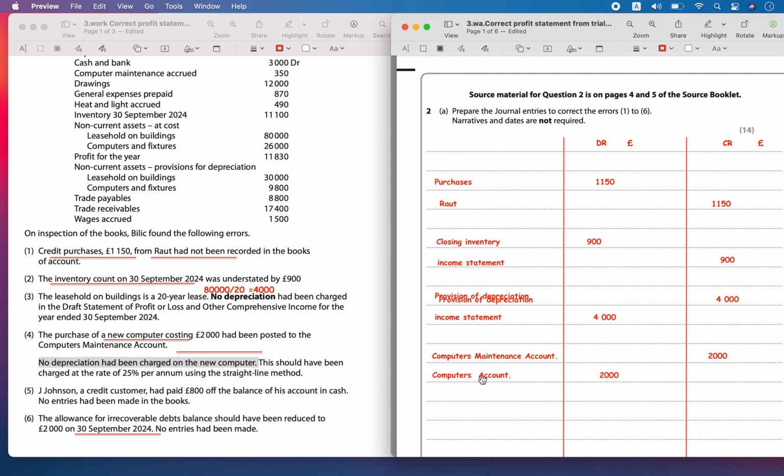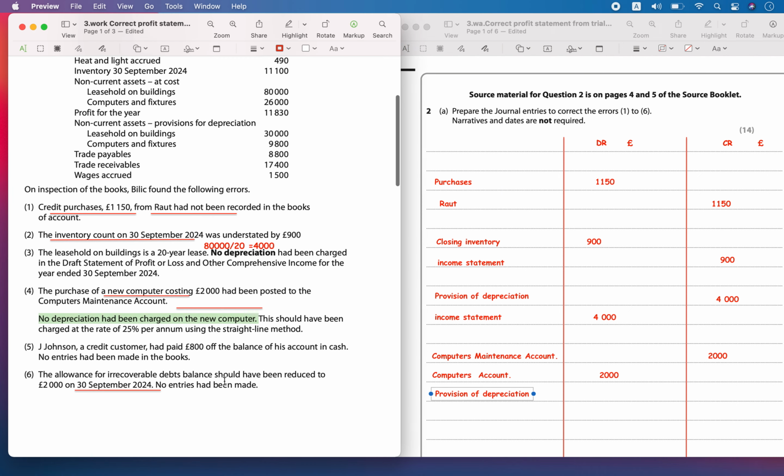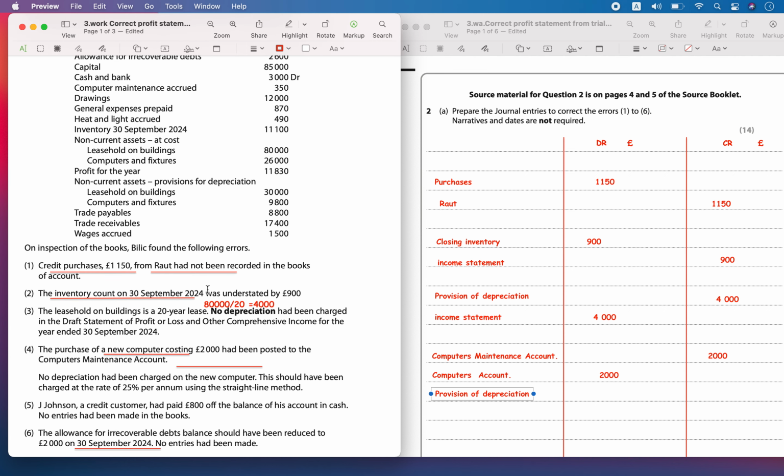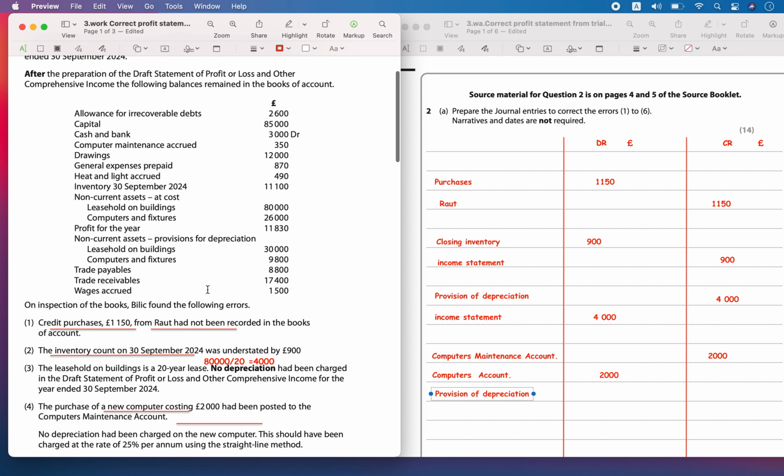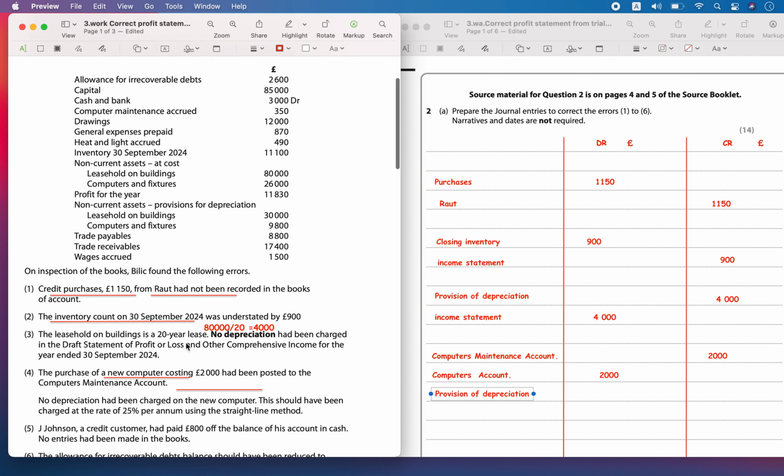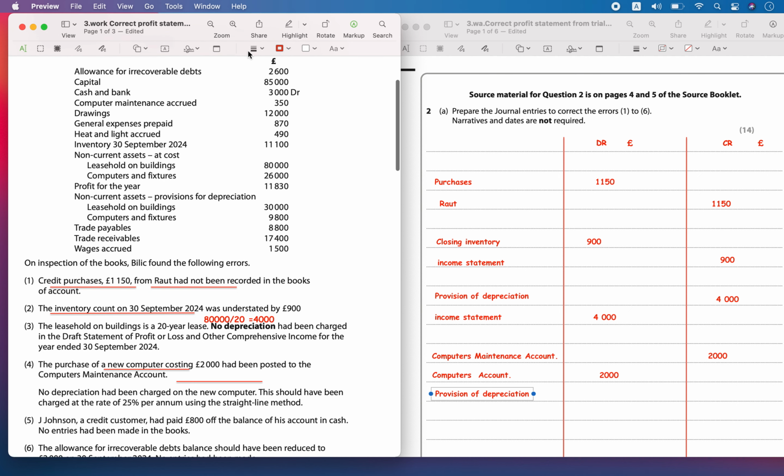The provision for depreciation for the computers: no depreciation, so 25 percent of 2000.